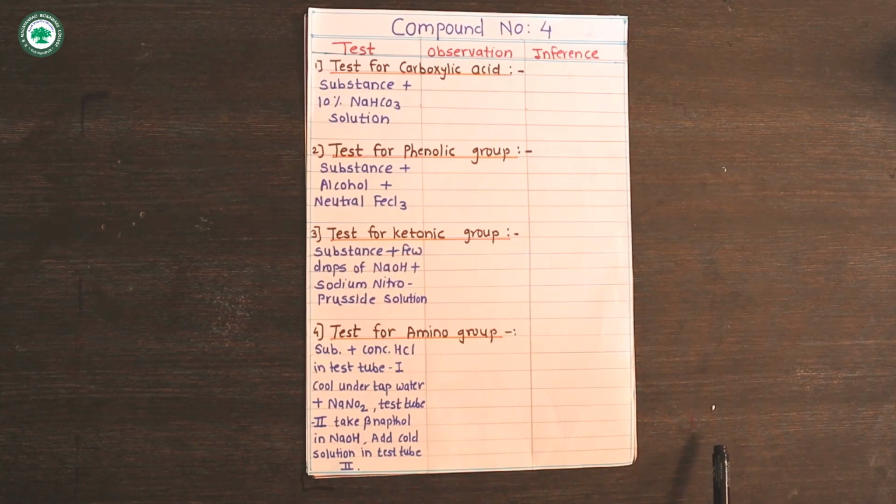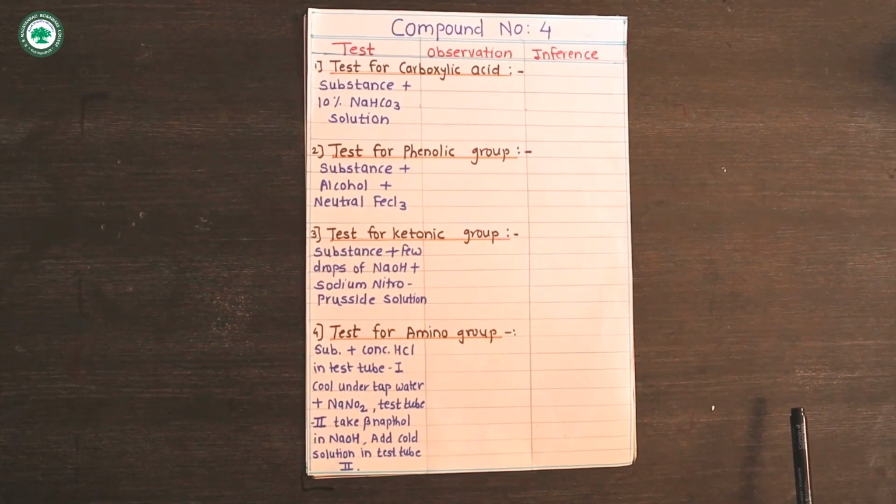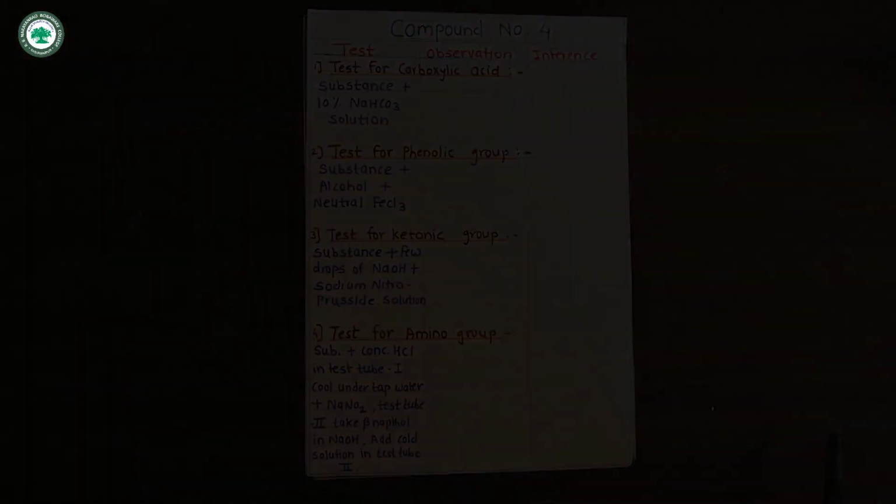Add the above solution to test tube second. If an orange dye stuff appears, then the amino group is present. If the orange red dye stuff is absent, then the amino group is absent. In this way, all such tests indicate which functional group is present in that compound.